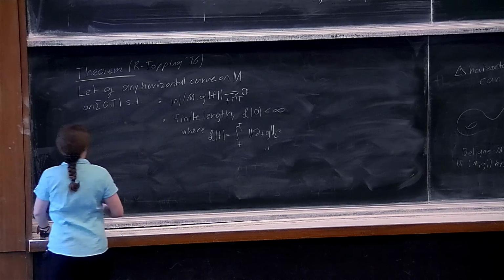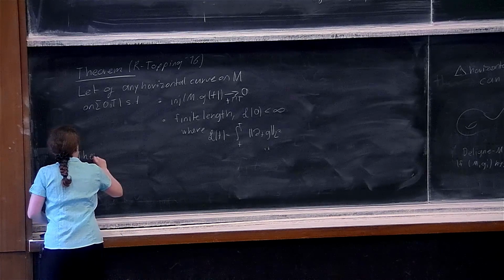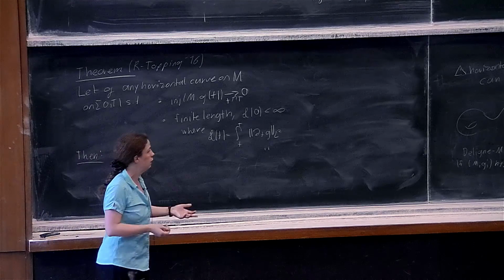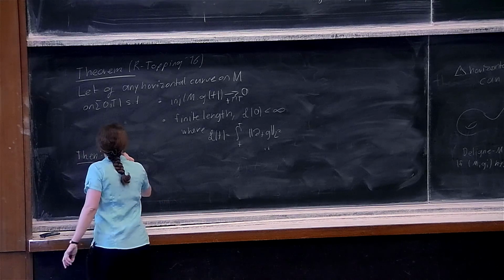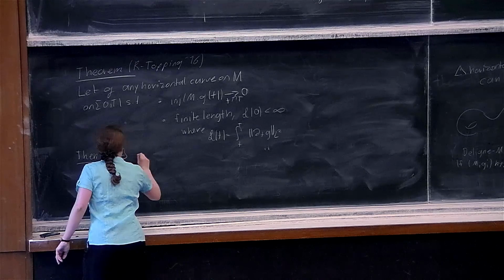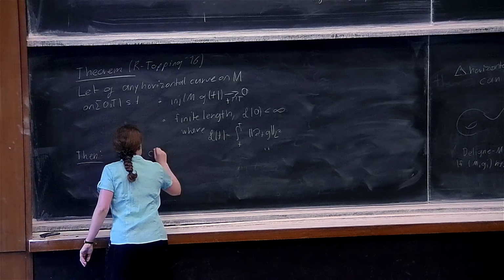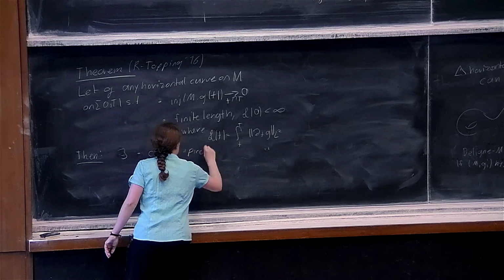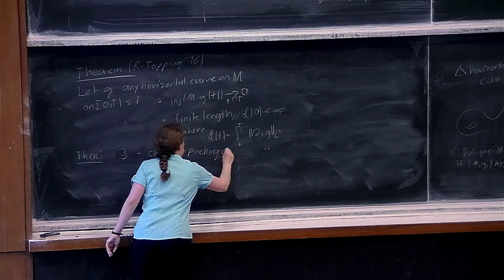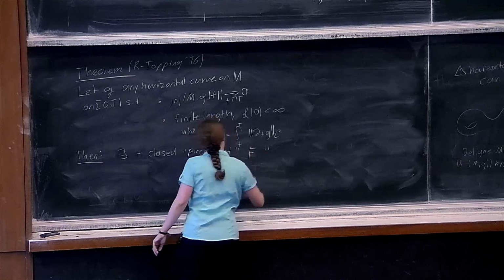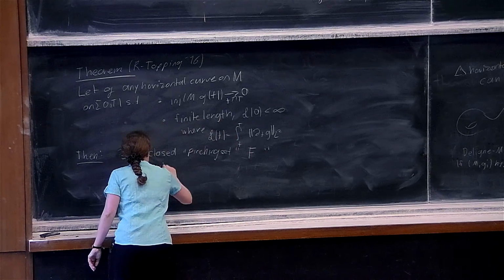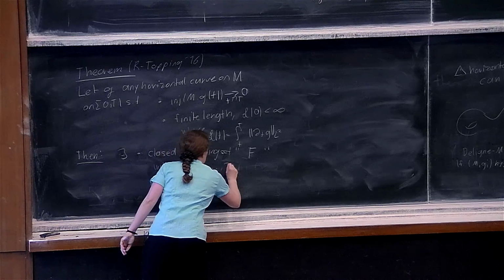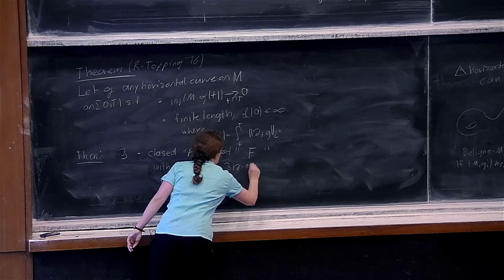So in this setting, what we get is, first of all, this convergence that I mentioned roughly in property 1. So there exists, first of all, a closed set, call it the pinching set, F, with K between 1 and 3 times genus minus 1 connected components.